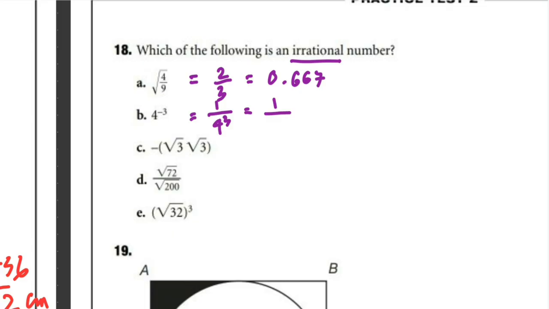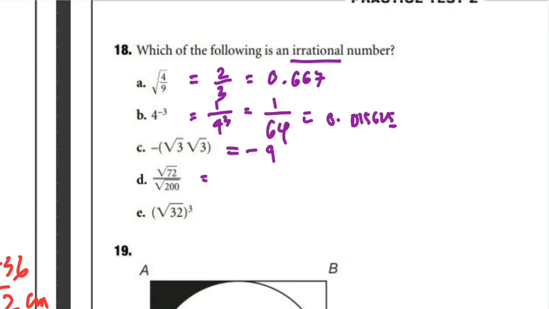And then 1 over 4 cubed, this is 1 over 64, which is 0.015625. It says irrational cannot be expressed as a repeating or terminating decimal. This one is terminating, it ends at 5. This one is negative 9.